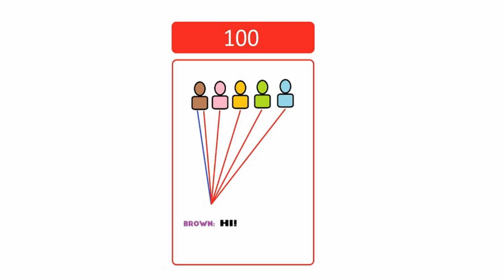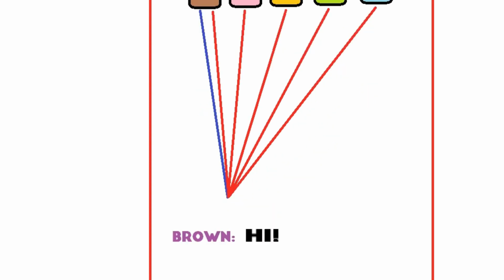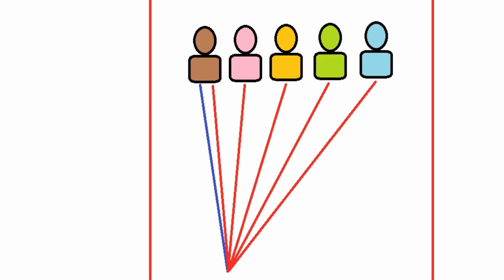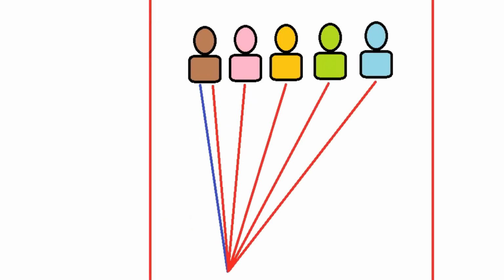Every member of this chat room has its own unique ID, so every member has its own unique road where they can send and receive messages. Let's say this brown user sends a message, hi. When he sends the message, it will return to himself and all of the other members.